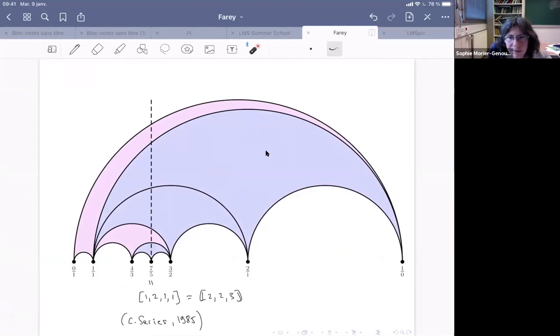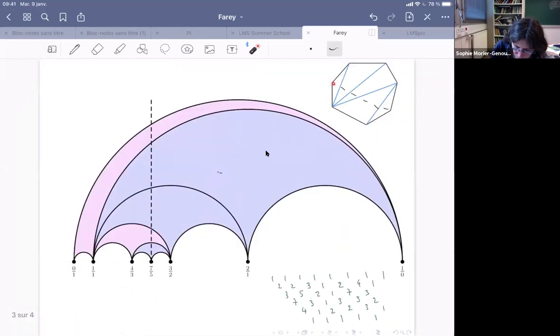I should maybe have drawn it like this. This dotted line would be more like this one, going to infinity.